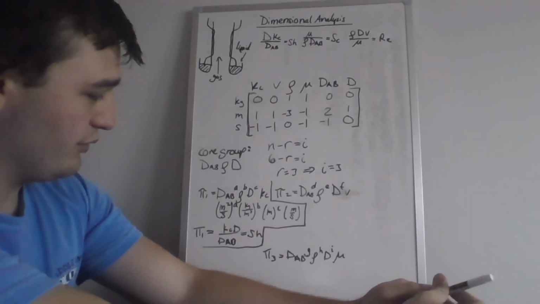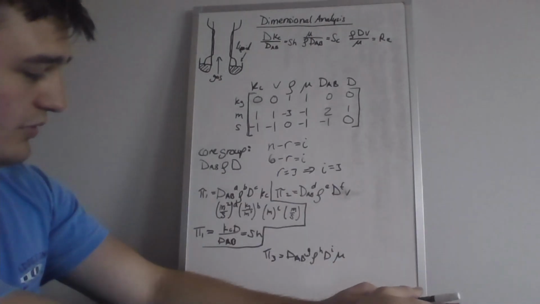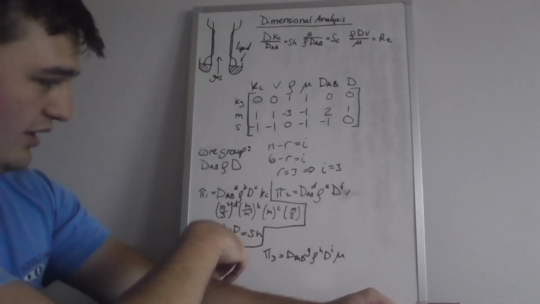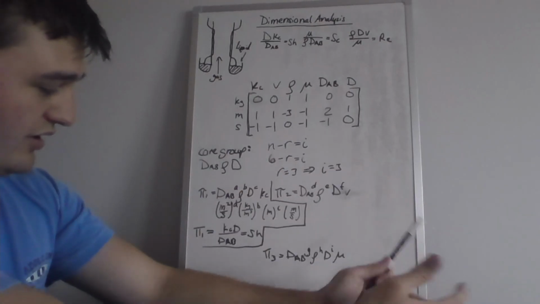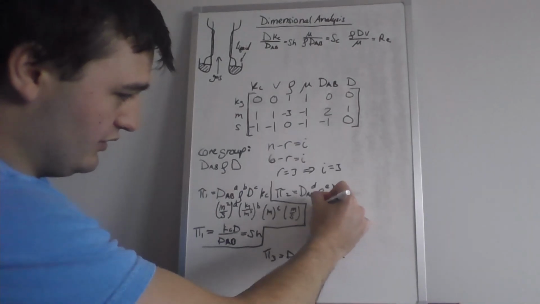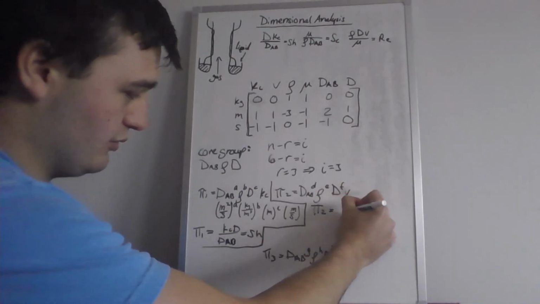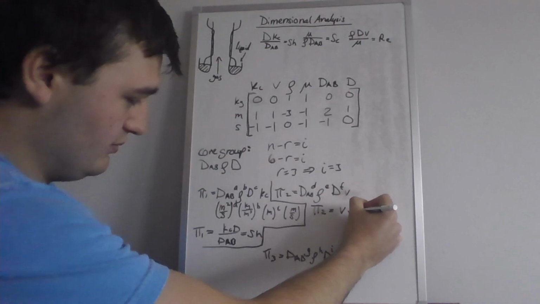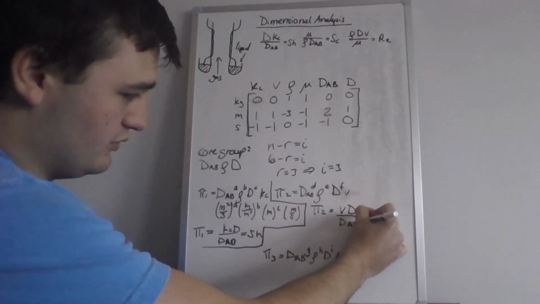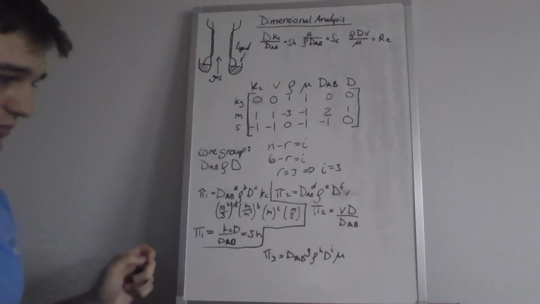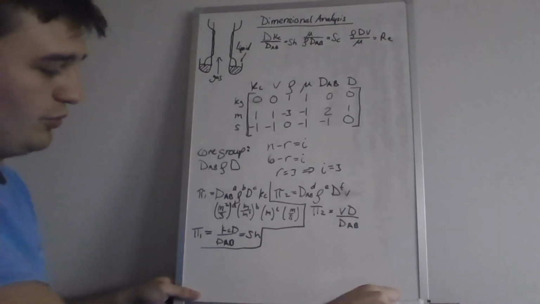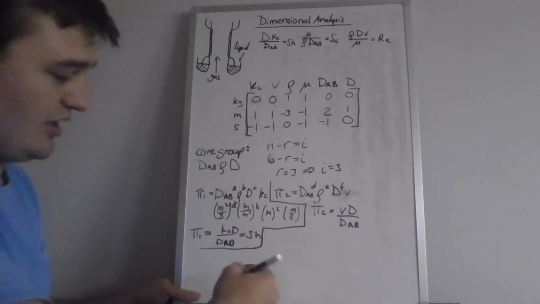So the only real change, we'd go through the exact same math, and we would just come up with a velocity instead of a mass transfer coefficient. So we know that the second characteristic group is going to be the velocity times the characteristic length over the diffusivity. Like I said, that doesn't happen every single time. It's just because the core group we picked this time allows for that to happen.